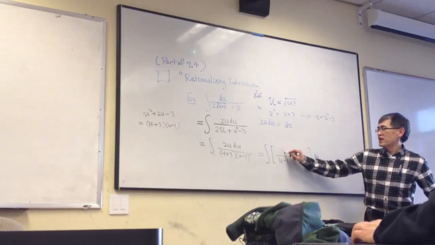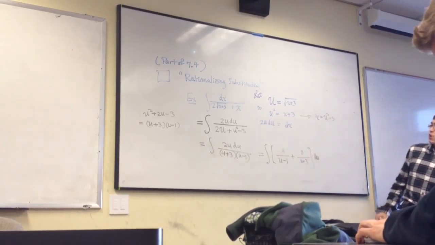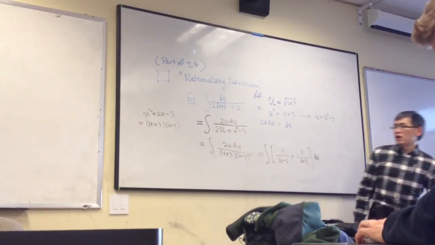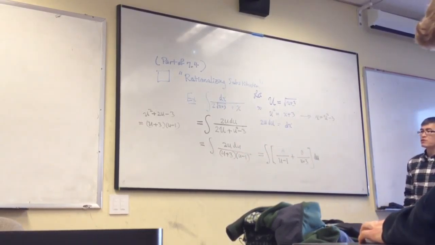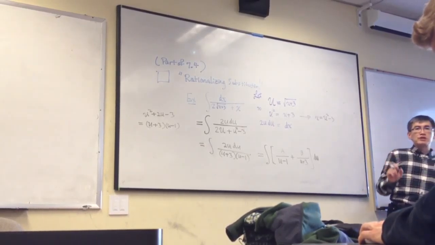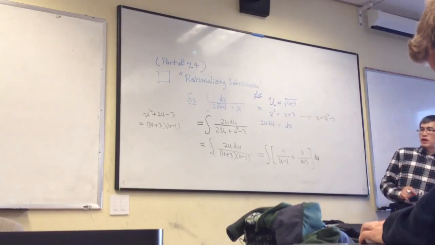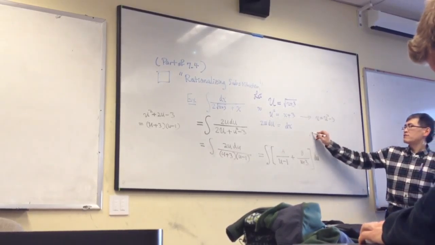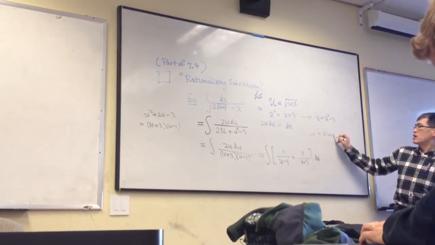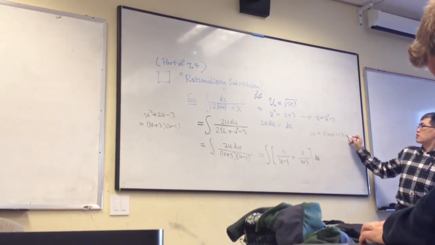So 2u over (u plus 3)(u minus 1) is equal to A over u minus 1 plus B over u plus 3. If I multiply both rational expressions by (u plus 3)(u minus 1), then on the left I have 2u, on the right I have A times (u plus 3) plus B times (u minus 1), correct?